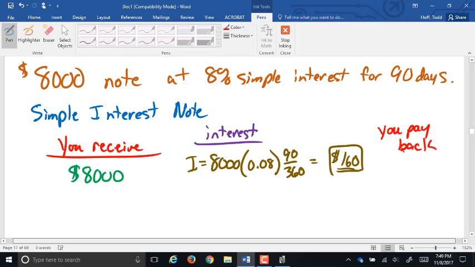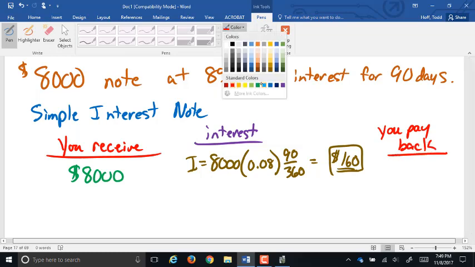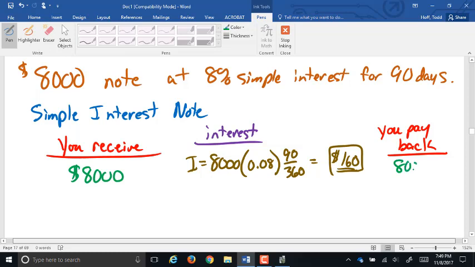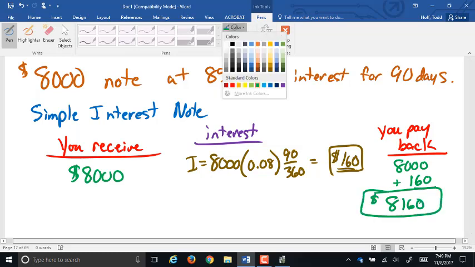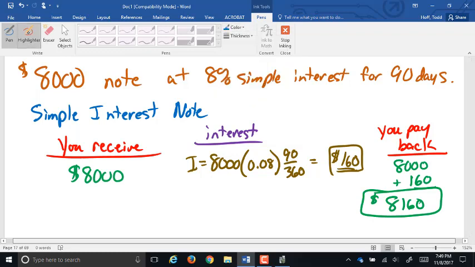You will pay back $8,000 plus 160, $8,160. So that is the storyline for a simple interest note. If it's an $8,000 note at 8% simple interest for 90 days, you get $8,000. You're going to be charged 160 in interest, so you will pay back 8,160 bucks.